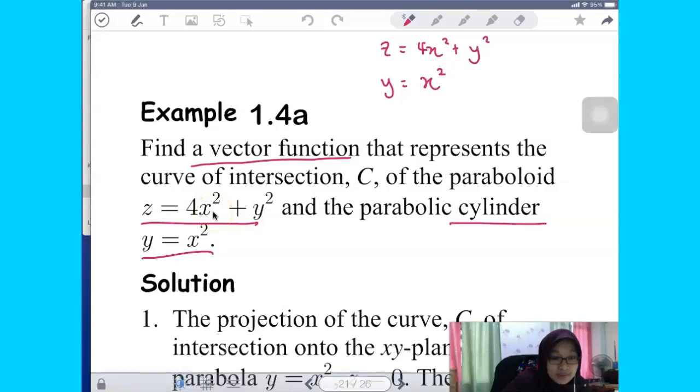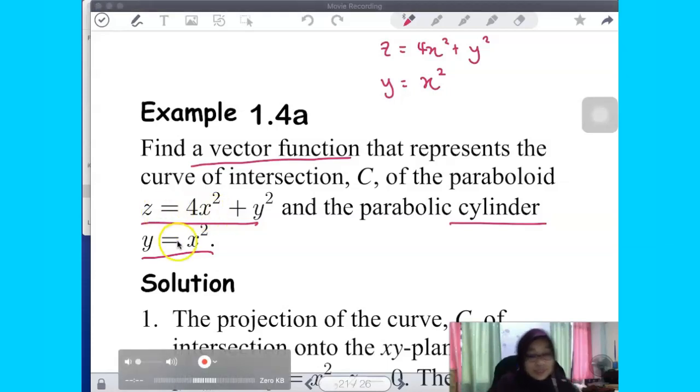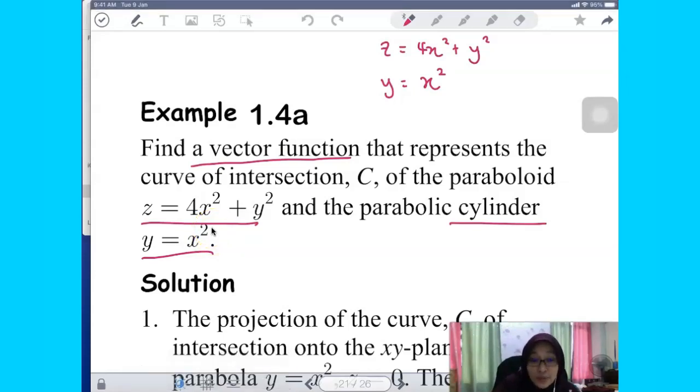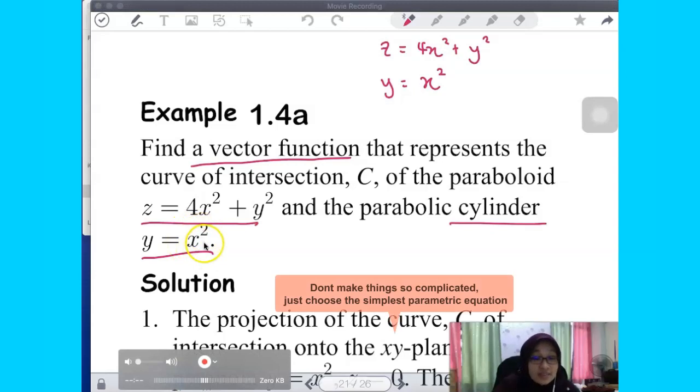Look at the simplest one here. y depends on only x, and z depends on only x and y, but y here still depends on x. So the independent variable, for which you are free to choose any parametric equation, is actually just x.